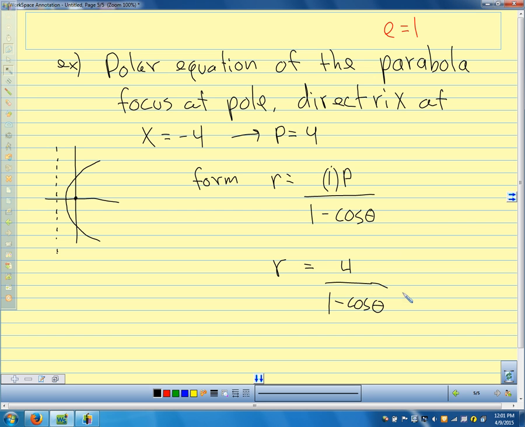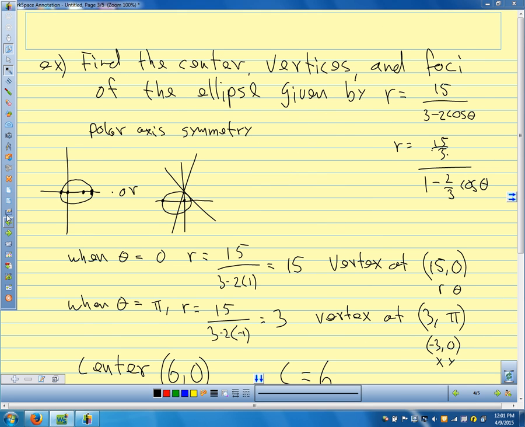So there will always be the 1 minus the second part, or 1 plus or minus. If we write it like this and there's not a 1 there, you can always just divide by whatever that number is to get it to be a 1.